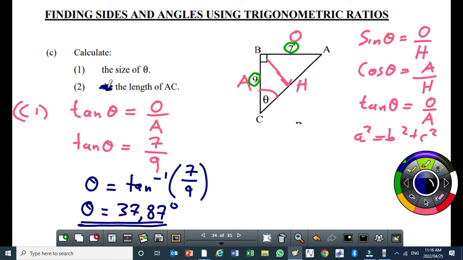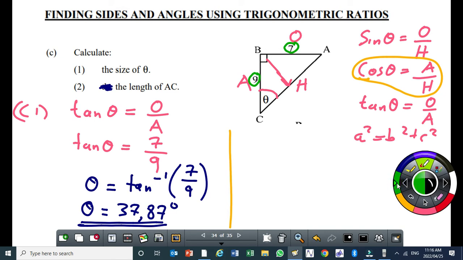Alright? So here, I'm going to use trigonometric ratios. Right? For today, I think I like cos, so I'm going to use that to calculate the value of AC. AC is the hypotenuse. Okay? So let me do it here quickly.